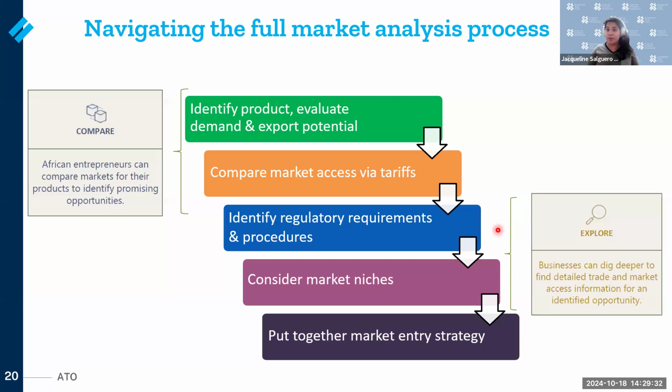So Compare first to identify the attractive market, and then Explore to dig deeper and really assess whether you are ready or not to enter that market. This is what we will follow in terms of steps.